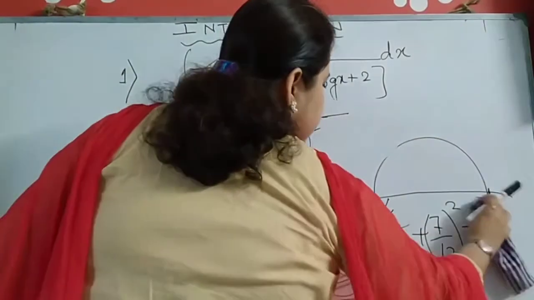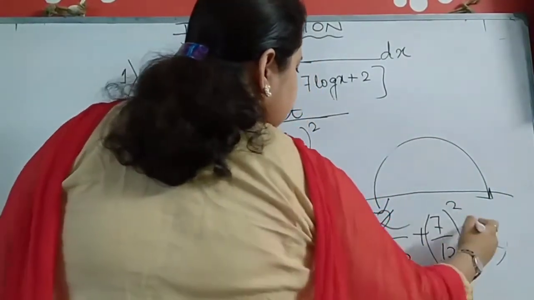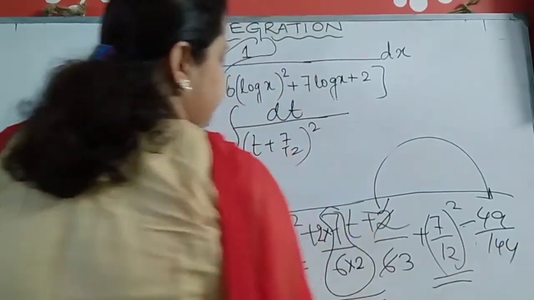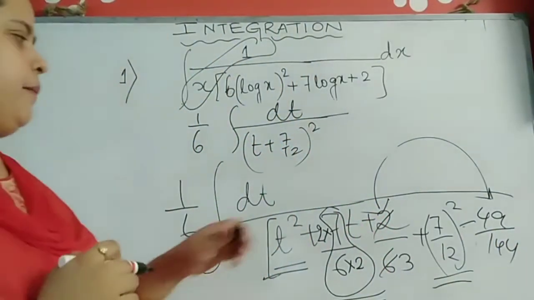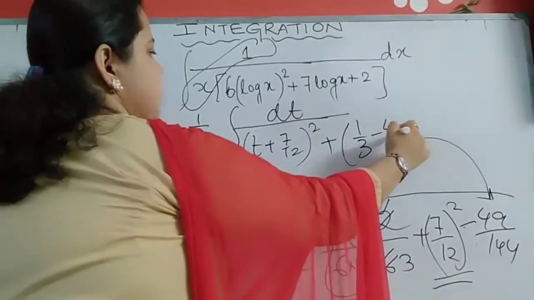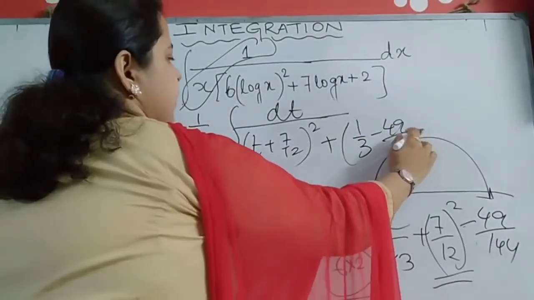So this is how much? The subtracted term is 49 by 144. So 1 by 3 minus 49 by 144.